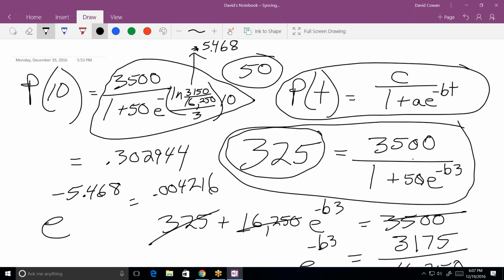Going to multiply that by 50 and add it to 1. What do you get? 1.21078. So that's our final denominator. Now divide 3,500 by that and you'll get the correct answer.